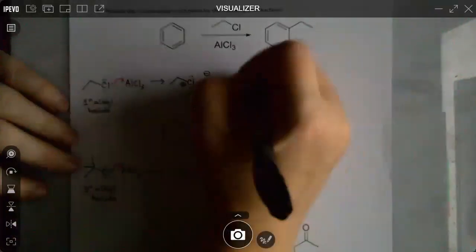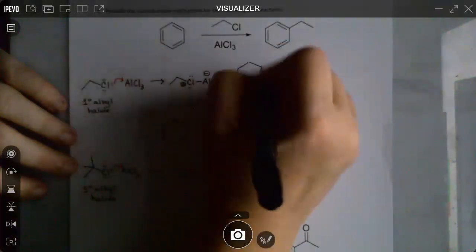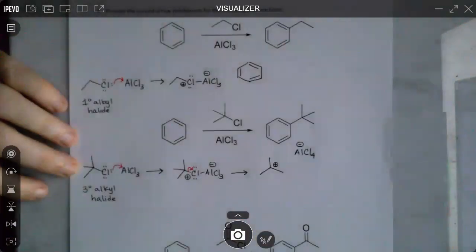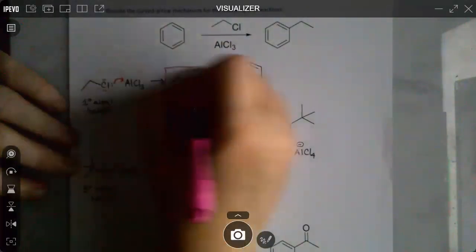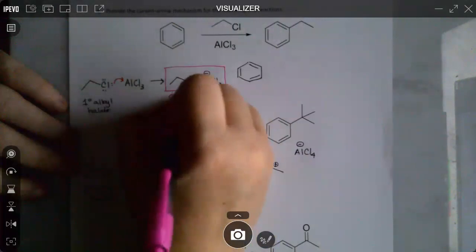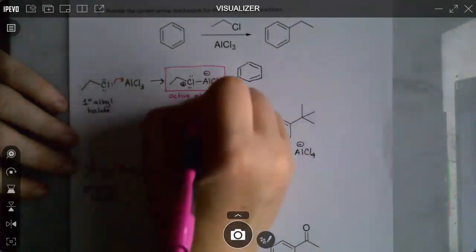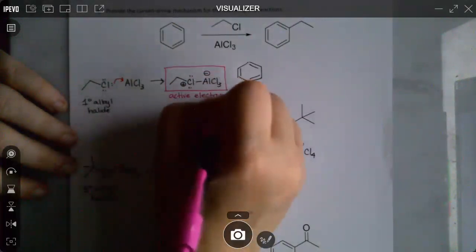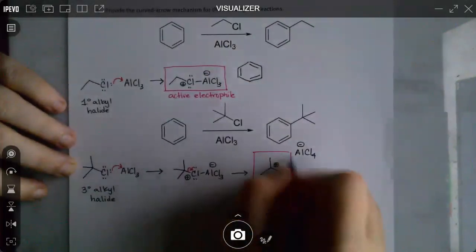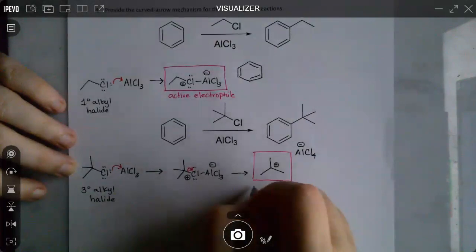So instead, we'll just start the EAS reaction from this substrate. I'm going to place a box around this and call this the active electrophile, whereas here it would be the carbocation.